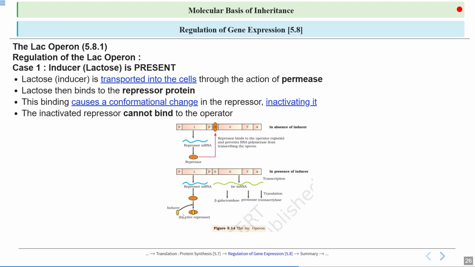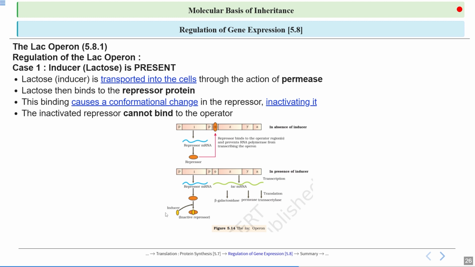Now what will happen? This inducer, this lactose, will bind to the repressor protein. What is this repressor protein? This is the protein actively produced by the regulatory gene we talked about, lac I, the I gene. It produces repressor mRNA, and this mRNA is translated into the repressor protein.